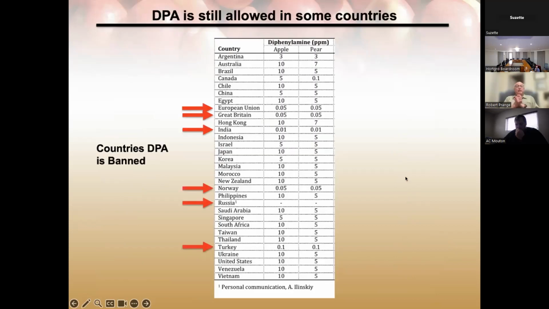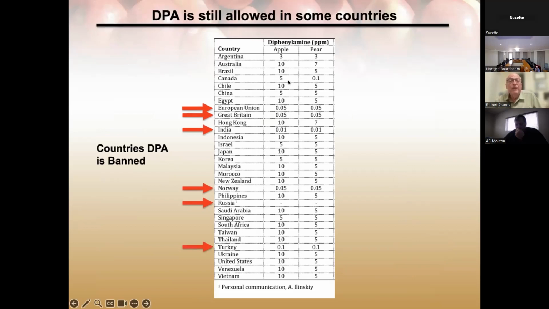Final comment is regarding diphenylamine. At some point, and the South African industry is well aware of this because they are marketing their fruit to the European Union and other places. As you can see here, there were countries where DPA was banned: the European Union, Great Britain, India, Norway, Russia, Turkey.